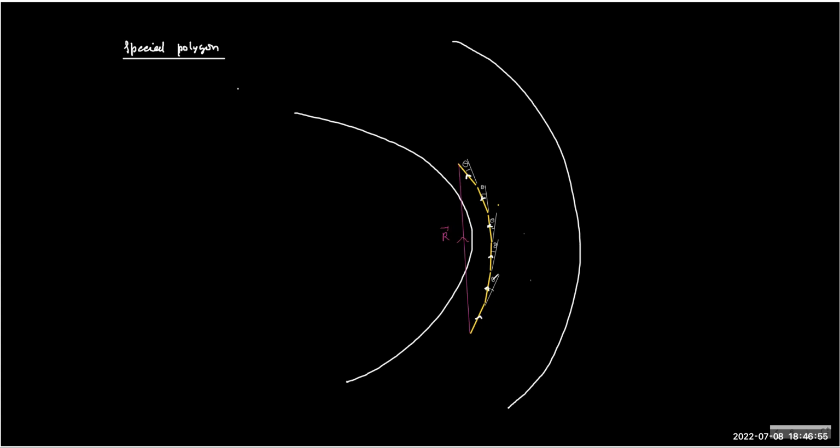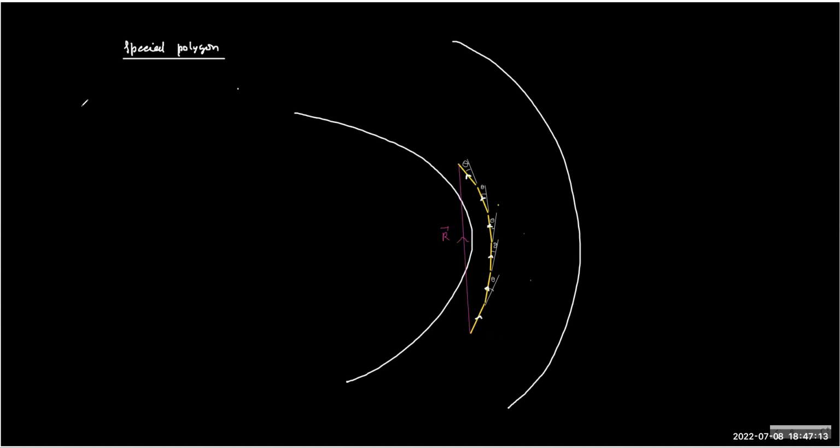Of course it's not a polygon in exactly the way you think, but what you can see is that every vector has fixed length. Okay, and the angle between two consecutive vectors is constant, equal, right?